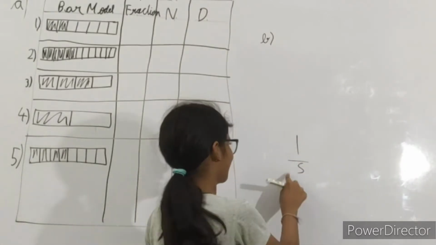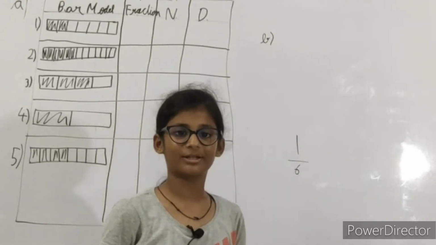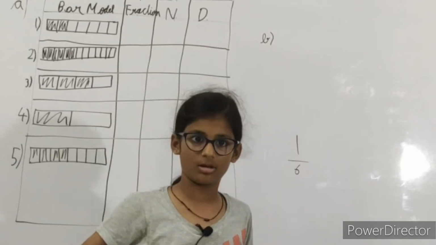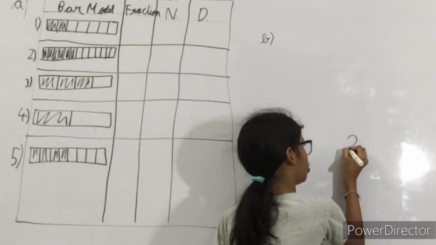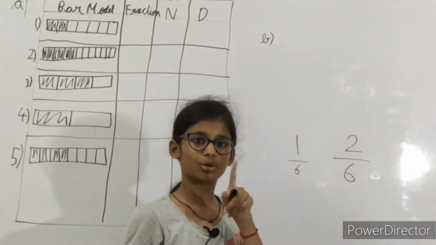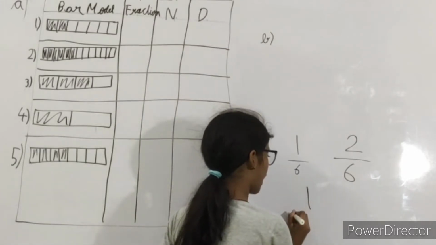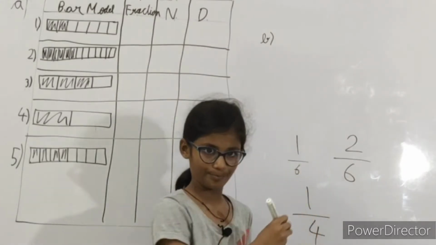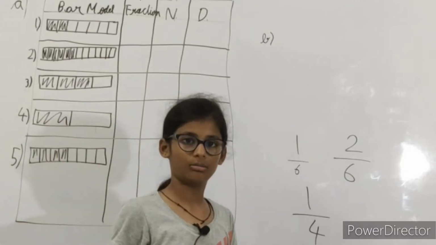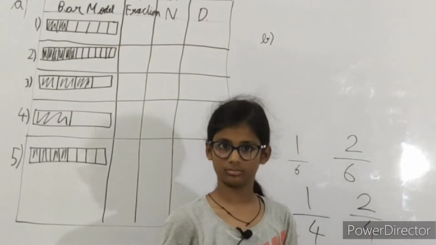Can you see what I have written? 1/6. Okay, 1/6. But when it is 2/6, then it would be 2/6. It is 1/4, so it would be 1/4. But if it is 2/4, then it would be 2/4.